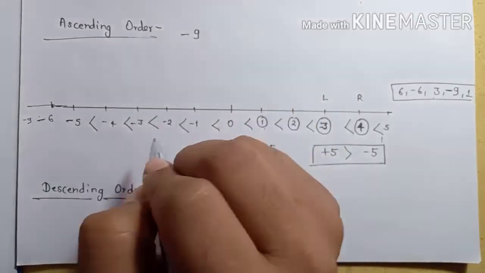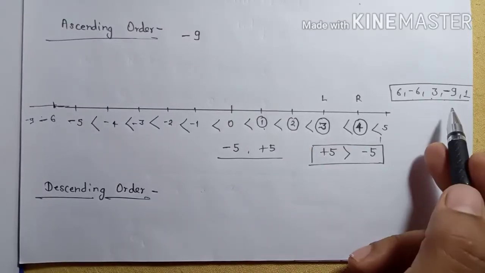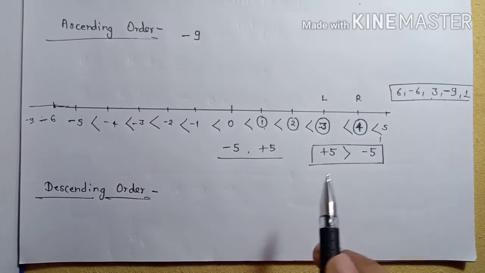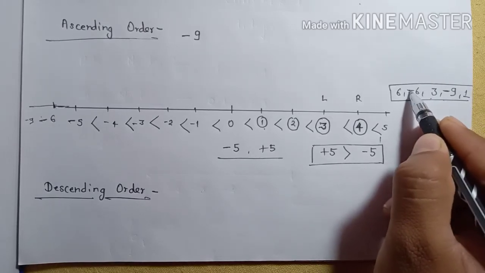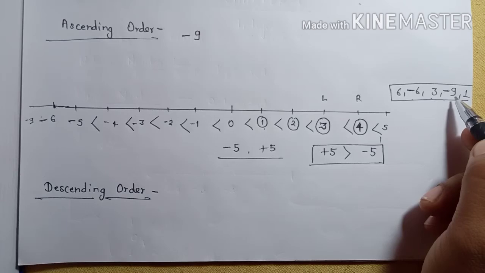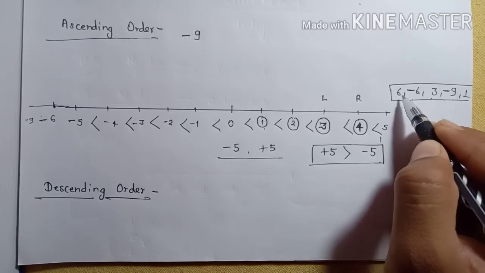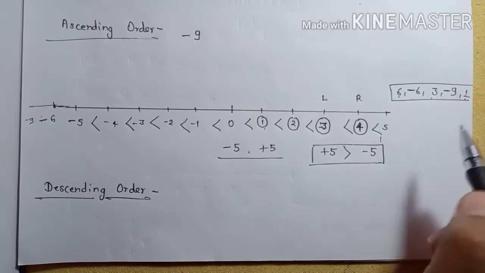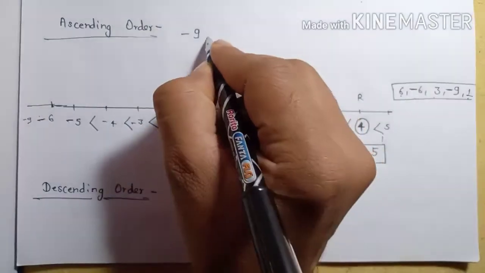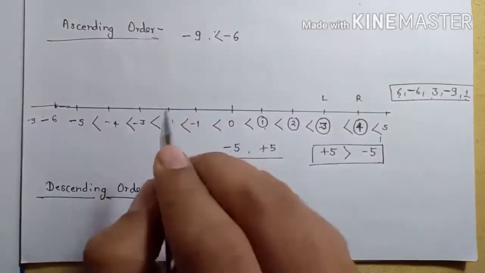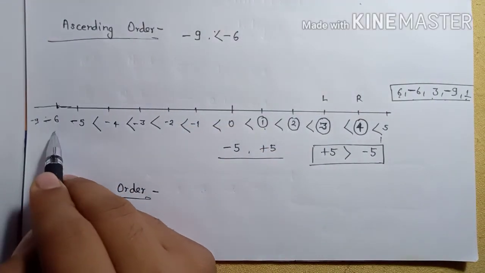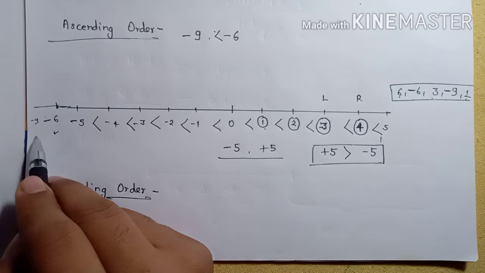So minus 9 is the first number here, the smallest number. Then among all numbers, minus 6 is greater than minus 9 but smaller than 6, 1 and 3. So write here minus 6, because minus 6 is here on the right of minus 9.